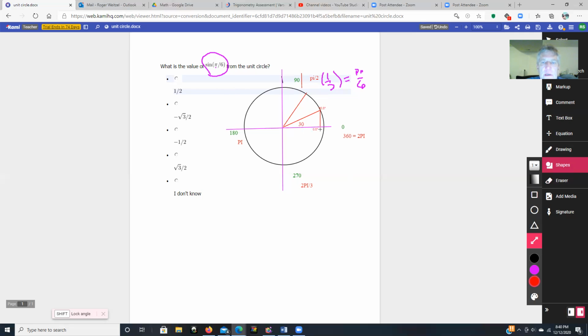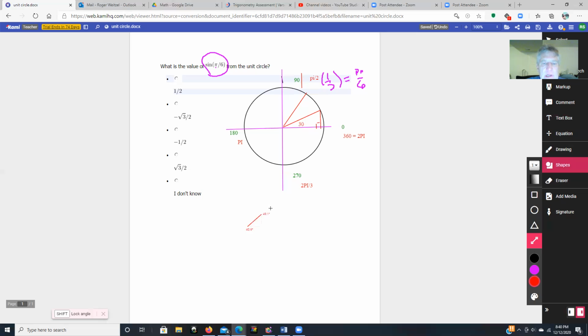So if we create that line right there, this is a right triangle. And now this is one of our special triangles.